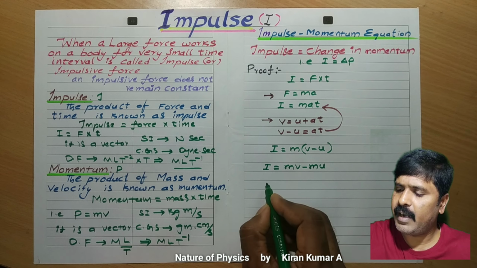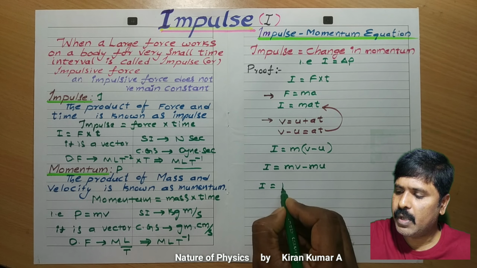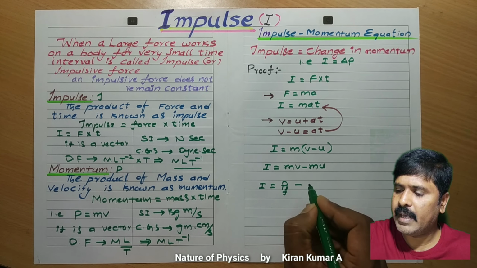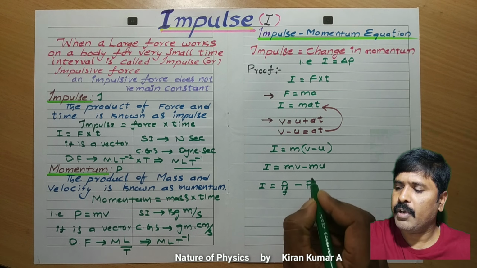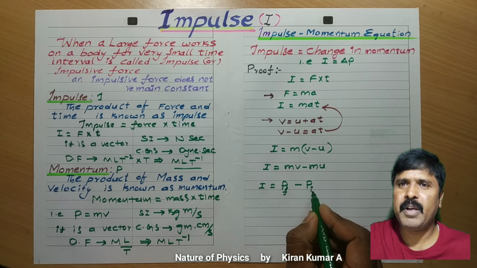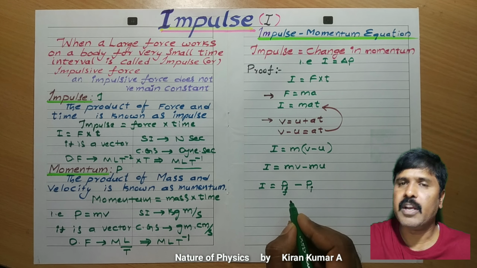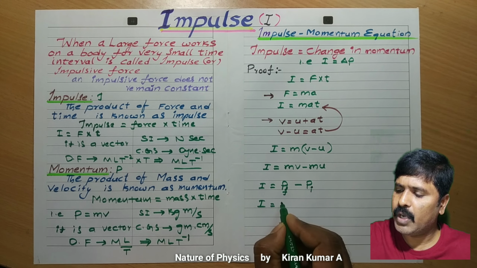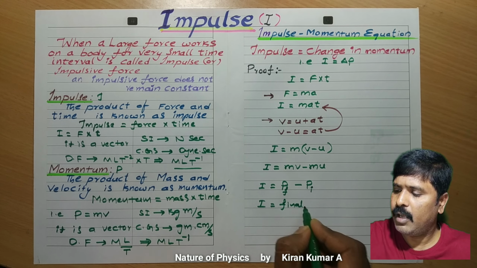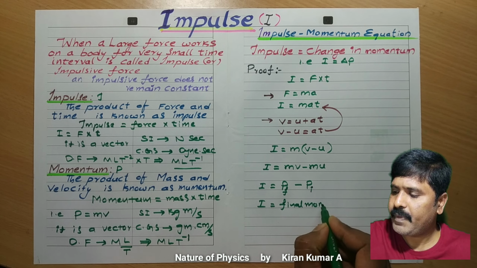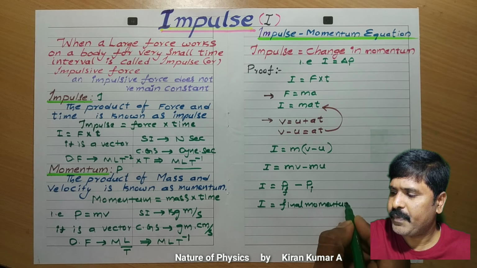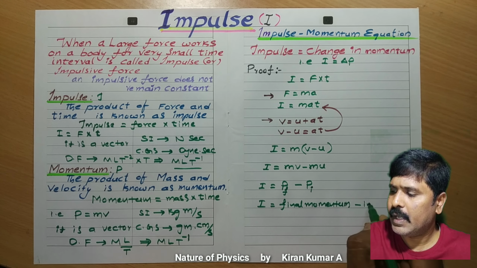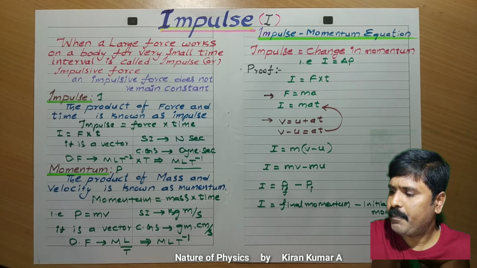That I can write: impulse is equal to final momentum minus initial momentum. Due to the initial velocity, initial momentum; due to the final velocity, final momentum, student. And impulse is equal to final momentum minus initial momentum.